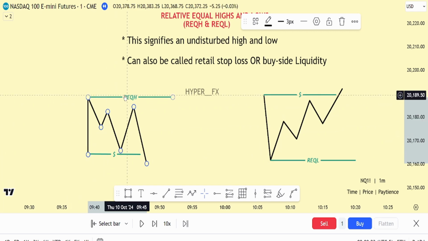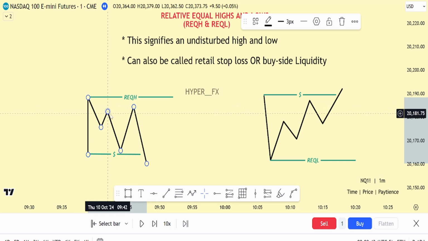So relative to this particular high, this high is still relative equal to this one. It doesn't matter whether it has taken out a minor liquidity here. If you look at the wider range, you will see that it is still sitting within the range that made this high. So it is still a relative equal high.